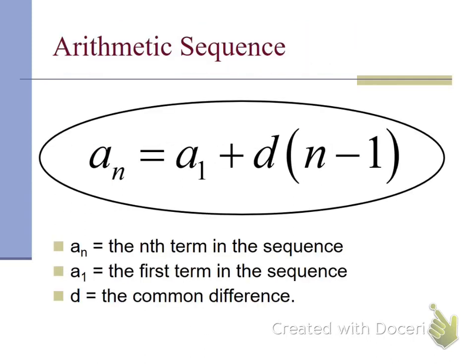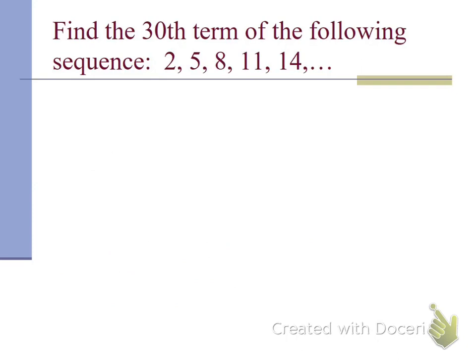Okay. So I give you the formula. Let's go back and answer the question. What is the 30th term? This is how you would write it. The 30th term, a subscript 30, is equal to the first term in our sequence, 2, plus our difference, which is 3, times n minus 1. Now, n is 30, the number of terms. So we're going to say 3 times 29.